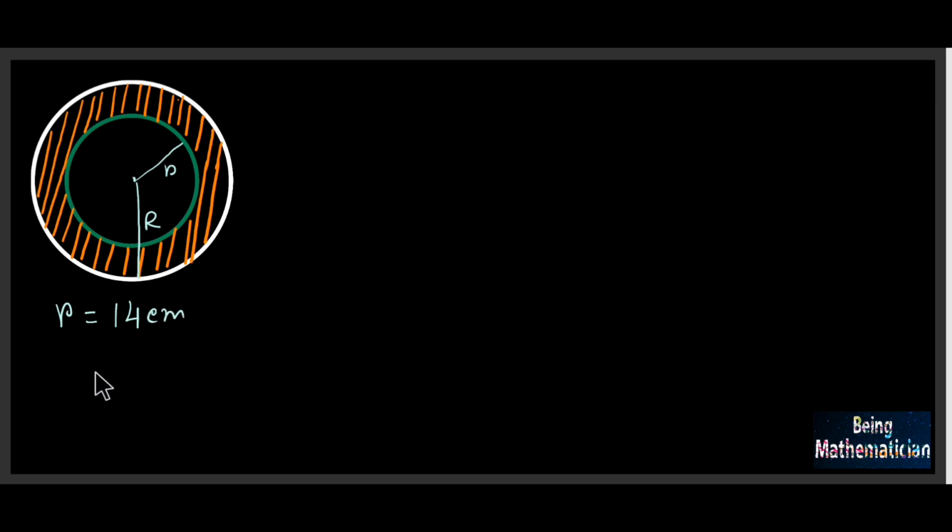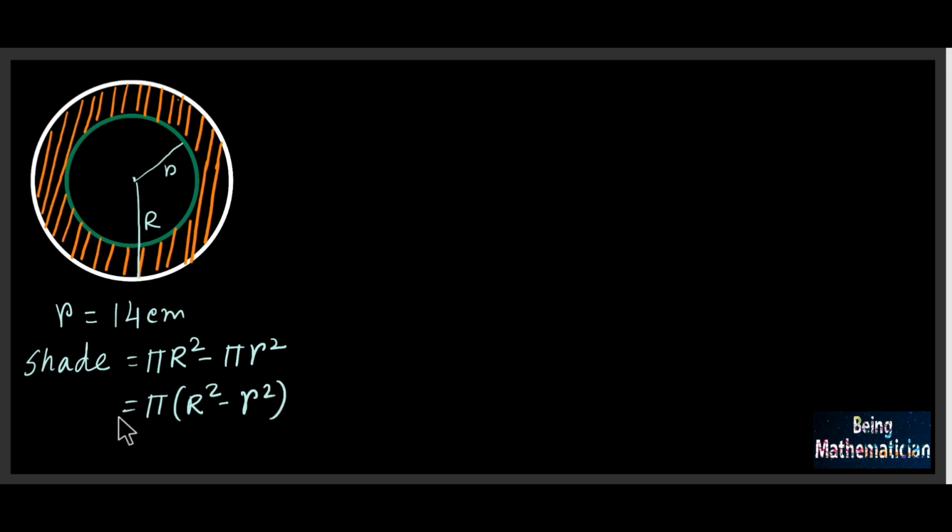Now, we know this shaded region is equal to pi capital R square minus pi small r square. So pi into R square minus r square. Now shaded region is 770.